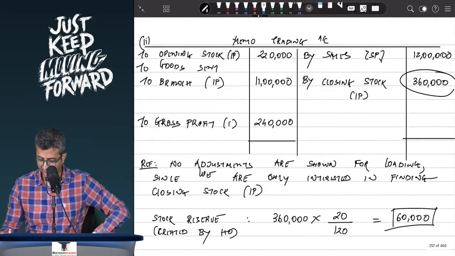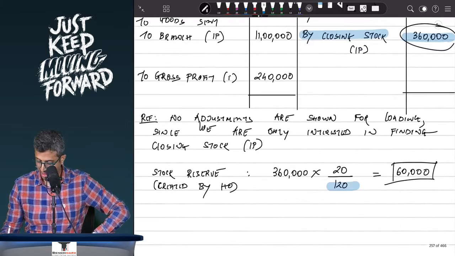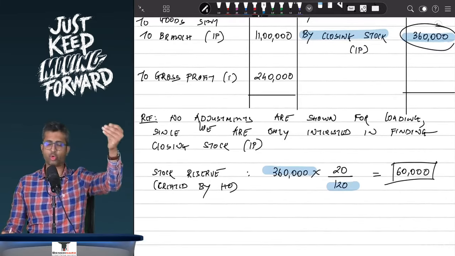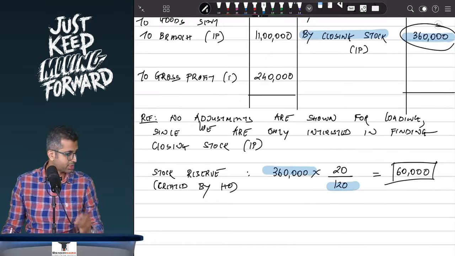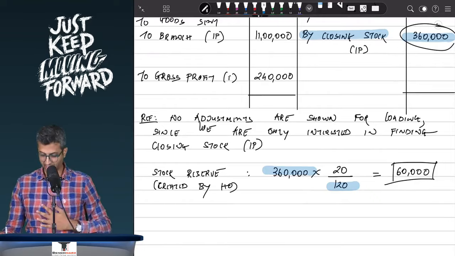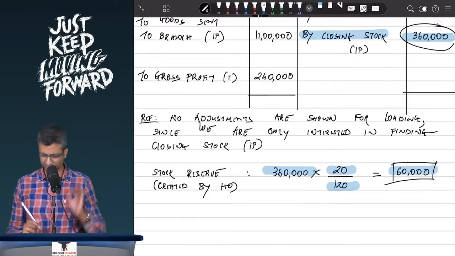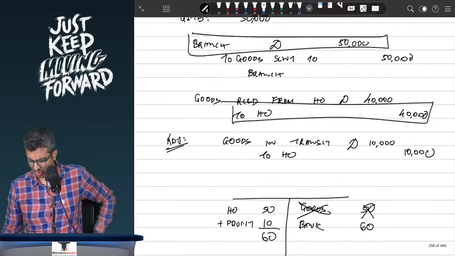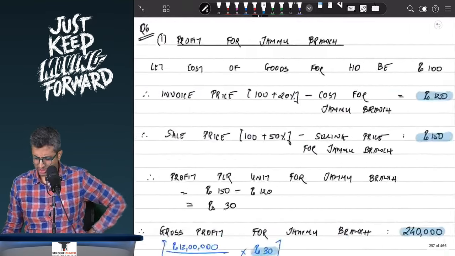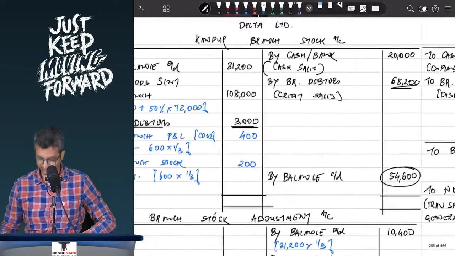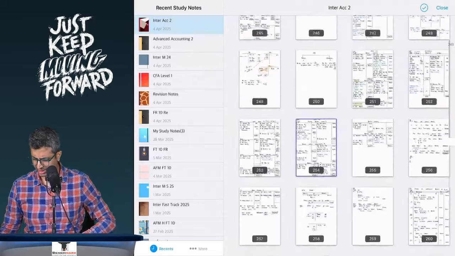After that, if I look at closing stock, it will come to 3,60,000. 3,60,000 will be at invoice price because opening stock and purchases are at invoice price. And inside it is a profit of 20 which is sitting. And hence this is 60,000. We have done this separately because this is a separate method called the wholesale price method.